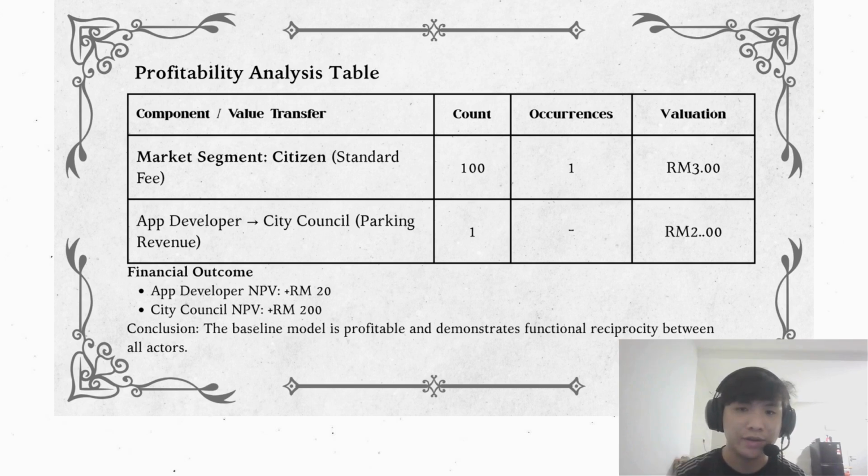When we look at the financial outcome with 100 citizens and subtracting the 80 ringgit fixed expenses, the model yields an NPV of plus 20 ringgit for the app developer and plus 200 ringgit for the city council. So this proves our core baseline architecture is fully profitable and mutually beneficial.